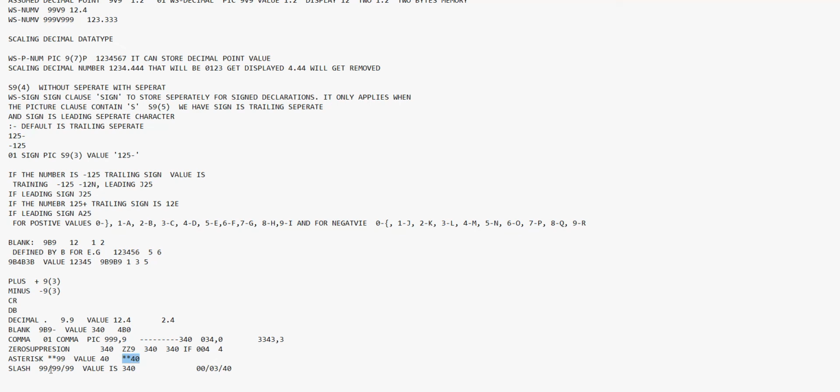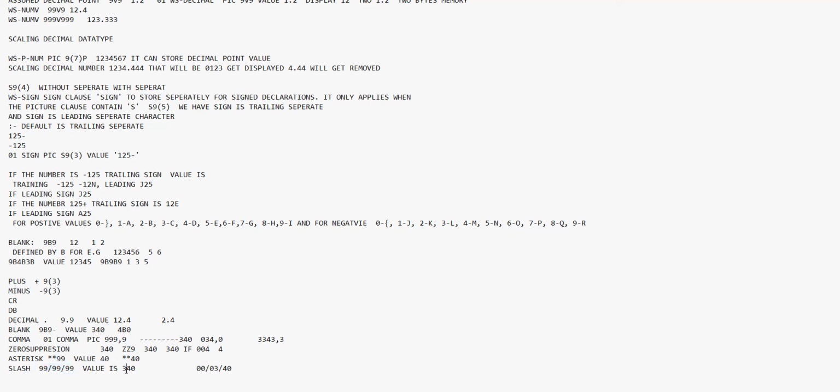Again we have slash also. In the declaration we can declare 99, for example for a date value, we can mention this slash. It will take 1 byte. For example, here I have given 99/99/99. Overall, how many bytes will it take? Can anyone tell me? Here 2 3 4 5 6 7 8, 8 bytes of memory it will occupy. The slashes also take 1 byte each, right? So 6 digits and 2 slashes, 8 bytes.